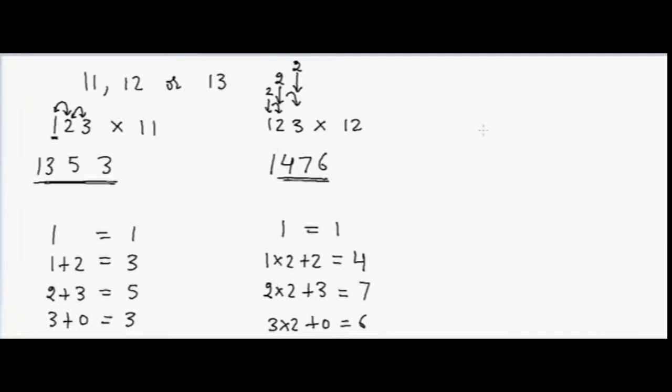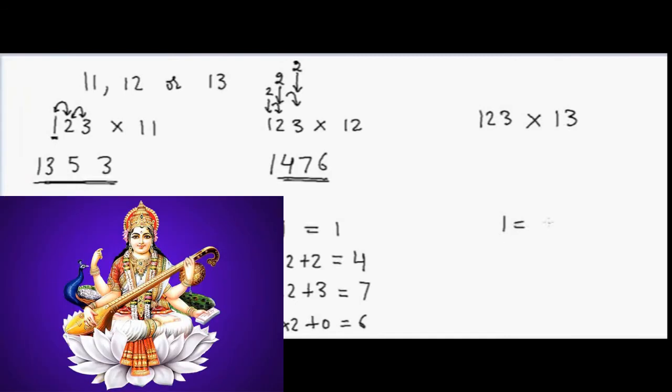So let's go to another example and multiply by 13. If I have 1, 2, 3 and I want to multiply by 13, I'll do it the same way. The first digit will be equal to the first digit, the second will be 1 into 3 plus 2, the third will be 2 into 3 plus 3, and then we have 3 into 3 plus 0. So if you look here, I multiplied all the numbers by 3.